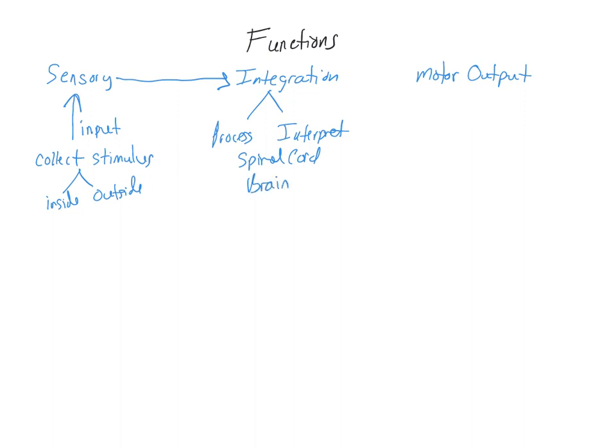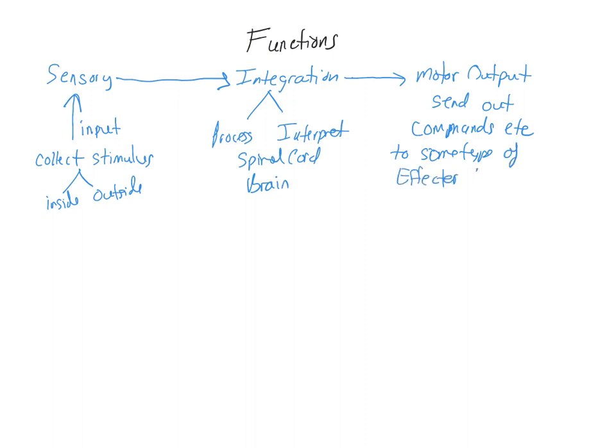Once you process information, you want to do something with it. So the next thing that's going to happen is motor output, okay? Motor output, you're going to send out commands, information, commands, etc. And it's usually going to go to some type of effector organ.